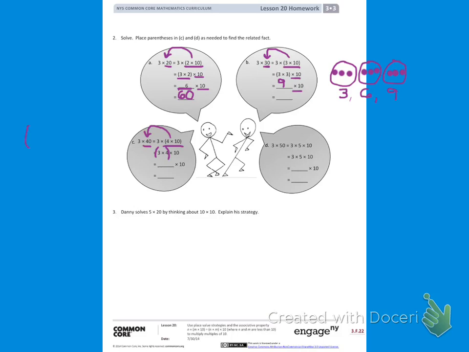So here are my 3 groups. And I'll put 4 items in each group. So 3 times 4 is the same thing as 4, 8, 12.